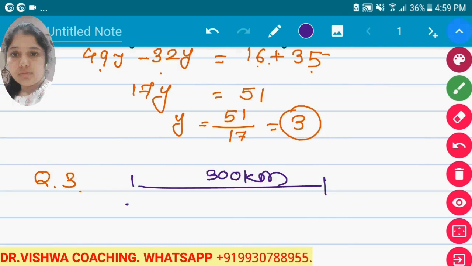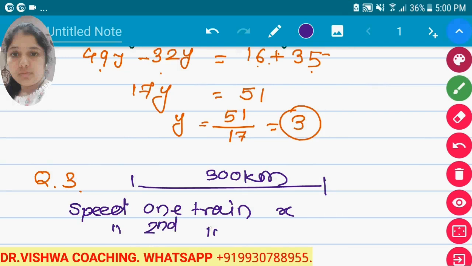The trains are moving towards each other with different speed. So speed of one train we say as x. So the other train's speed is 20 kilometer per hour more than the first train.